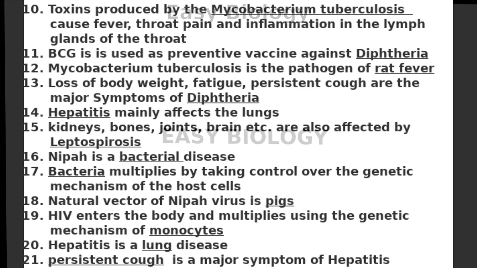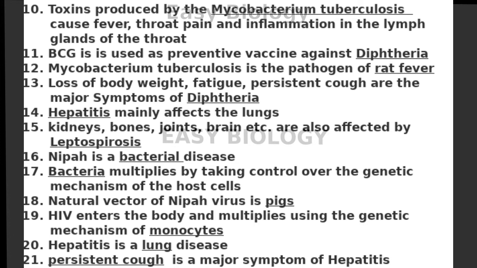Question number 19. HIV enters the body and multiplies using the genetic mechanism of monocytes. Here the underlined portion is monocytes. It is wrong. The correct answer is lymphocytes.